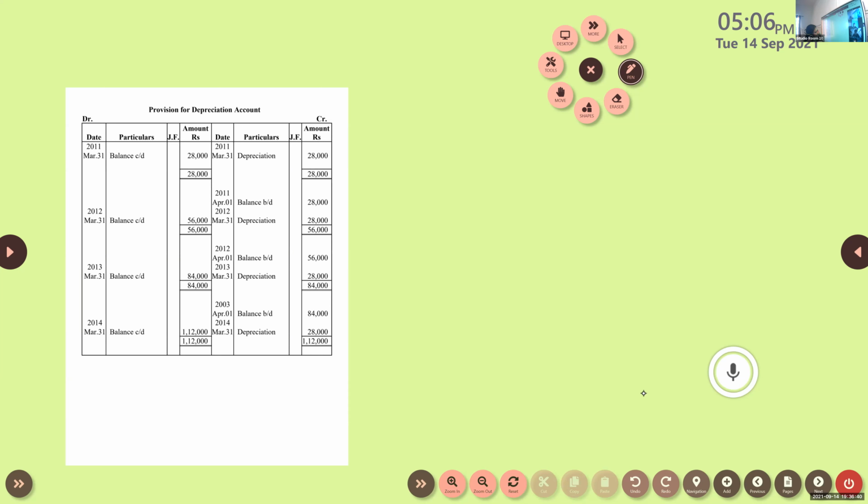Opening provision for depreciation account. Ma'am, depreciation account debtor to provision for depreciation. Very good. Depreciation account debtor to provision for depreciation.